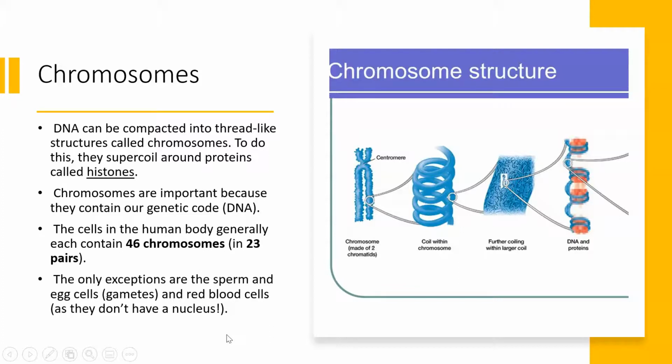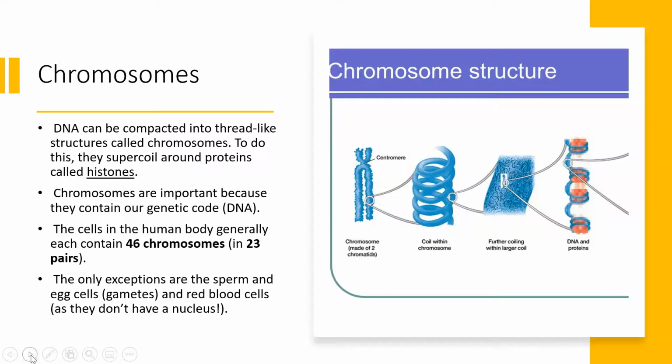The only exception to this are the sperm and egg cells, the gametes, because they contain 23 chromosomes each, so that during fertilization, the fertilized cell contains 46 chromosomes because the sperm and the egg have joined together. The other exception is our red blood cells, because they do not contain a nucleus, so that they can carry more oxygen around in their hemoglobin.